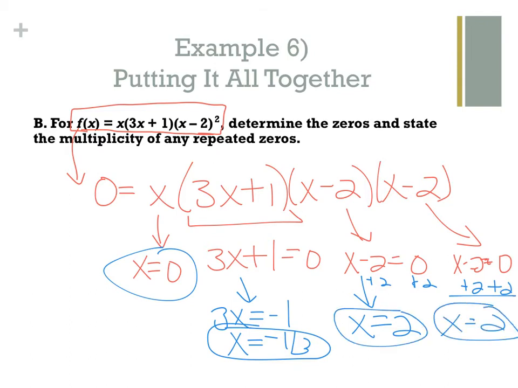So I have 4 zeros in my function, but it just so happens that one of them is repeated. The x equals 2 is repeated twice. Therefore, it has a multiplicity of 2. So I do have repeated zeros. The zeros of my function are x equals 0, x equals negative 1/3, and x equals 2.